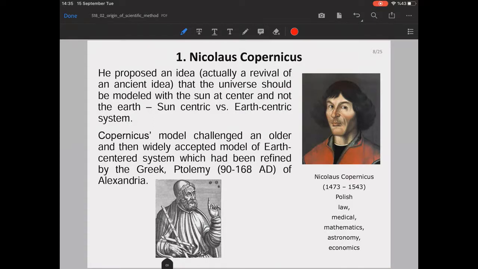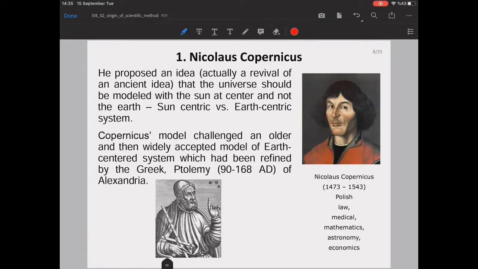Copernicus proposed an idea. Actually, it was a revival of an ancient idea that the universe should be modeled with the sun at the center and not the earth. It is like the contradiction between sun-centric and earth-centric systems. Copernicus' model challenged an older and widely accepted Earth-centered model, which had been refined by the Greek scholar Ptolemy of Alexandria.